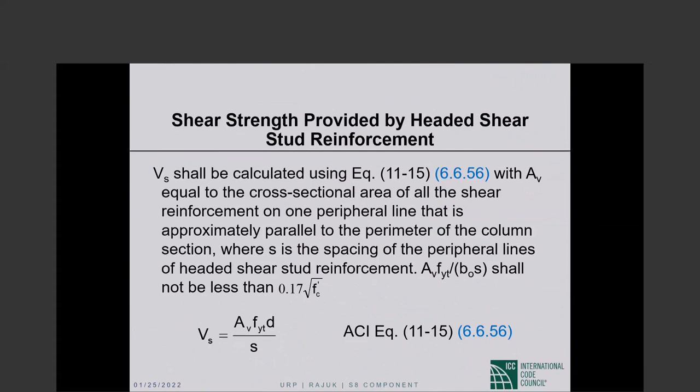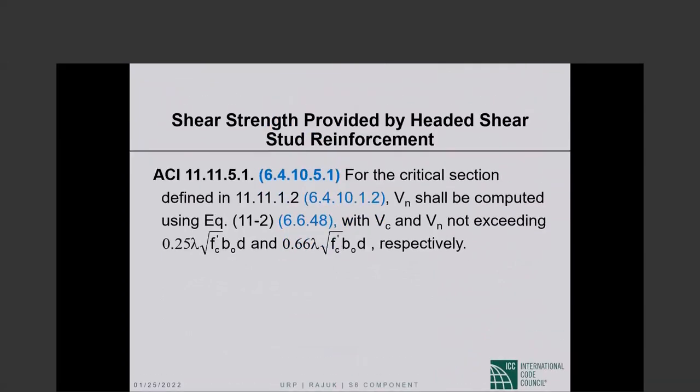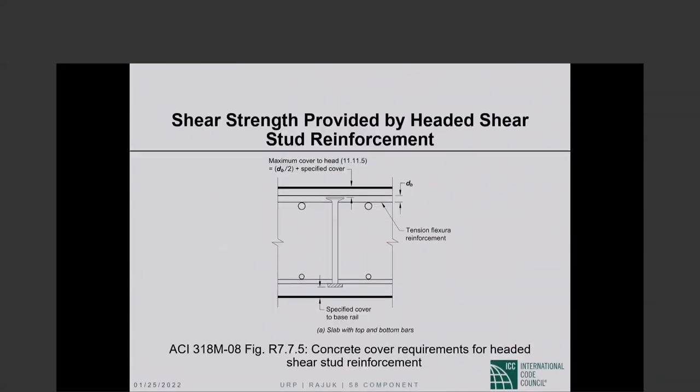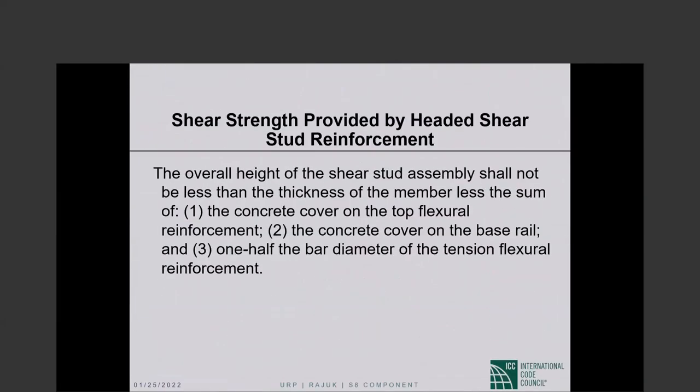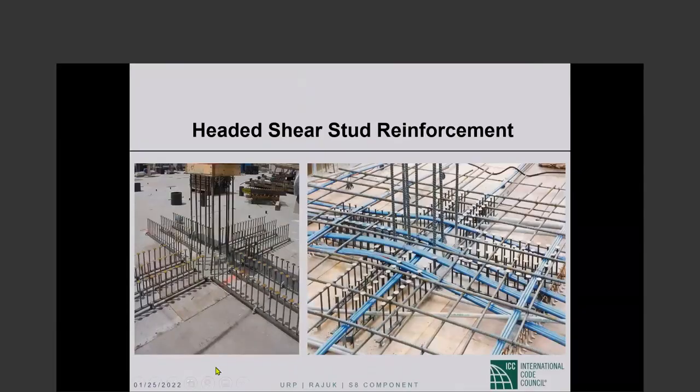Okay, Vs shall be calculated using this equation below, with Av equal to the same thing as for the legs of the stirrups. Av is equal to the cross-sectional area of all the shear reinforcement in one peripheral line that is approximately parallel to the perimeter of the column section, where s is the spacing, etc. Okay, so the Av, the best will be the picture maybe.